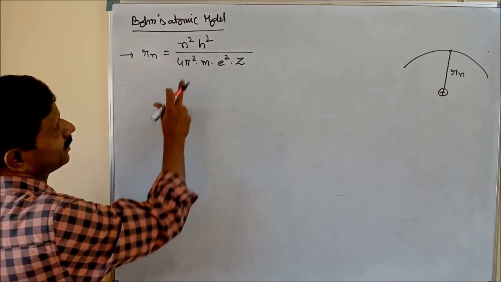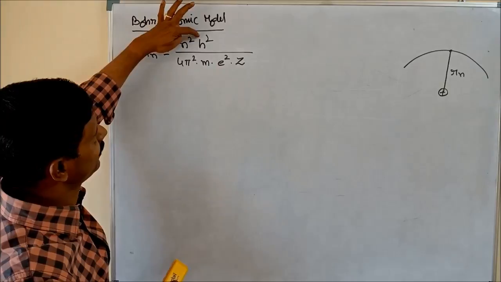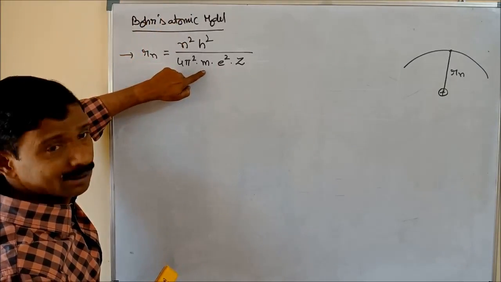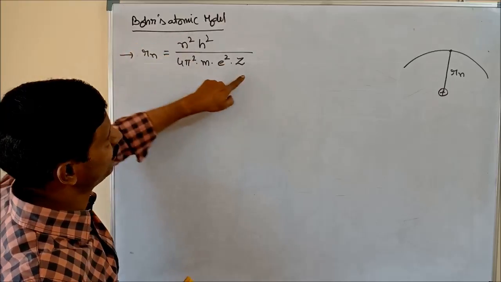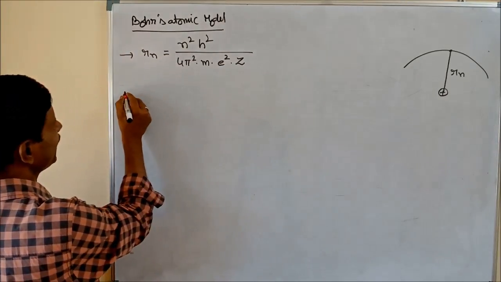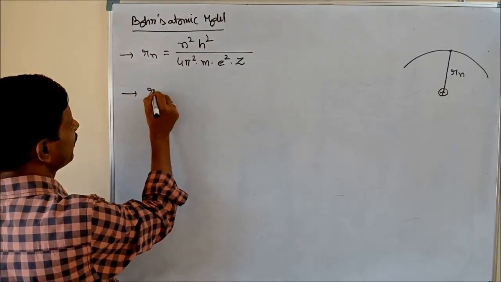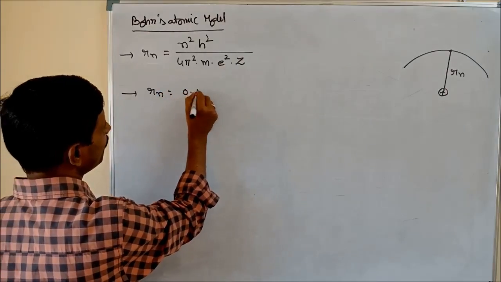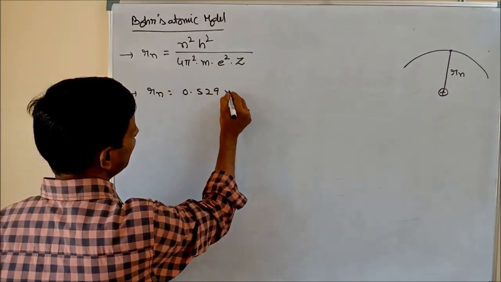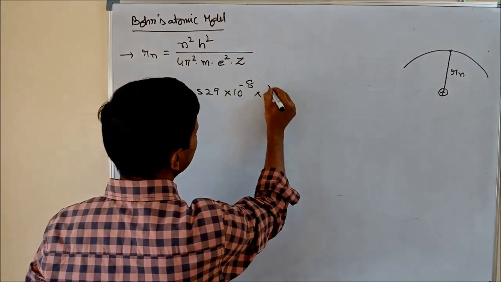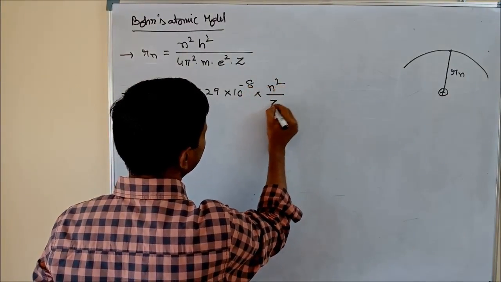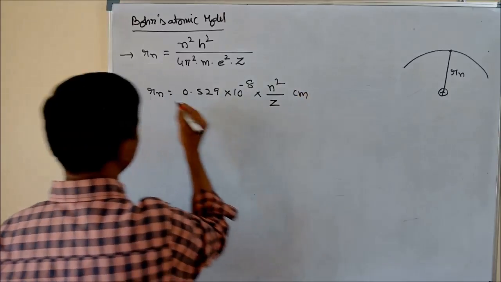Now if you observe this, here we have the constants h, 4 pi square, m and e. All of them are constants except n and z. So on simplification, we get Rn equal to 0.529 into 10 power minus 8 into n square by z centimeters.